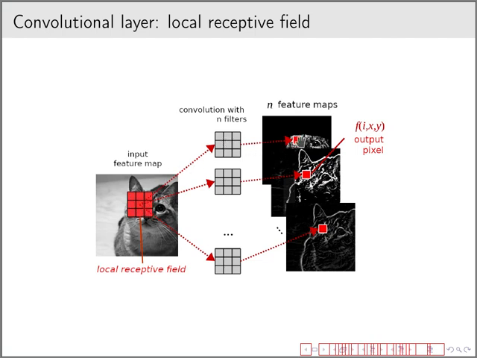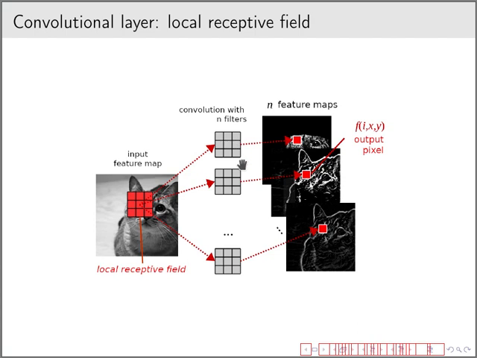The pixel here will be a linear combination of all neighbors in this region. This is what we call the local receptive field, the region from which that pixel originated. So the output pixel here actually originated from a region of pixels, a local receptive field.